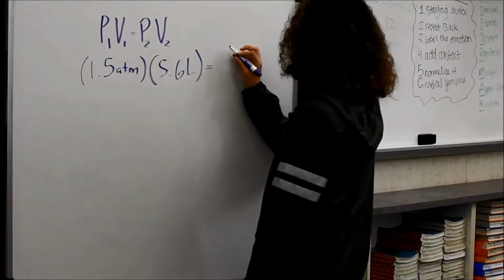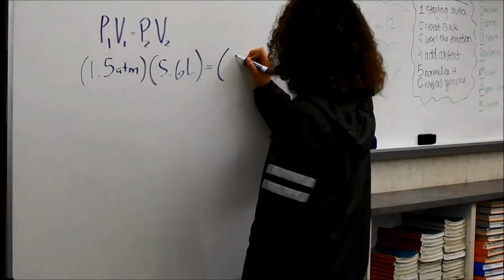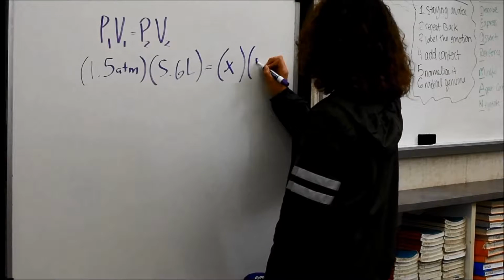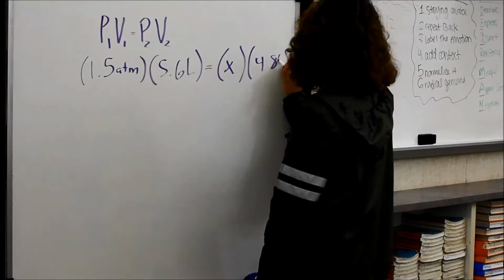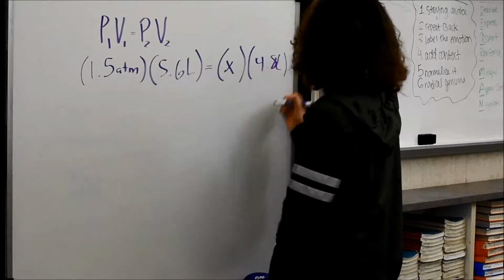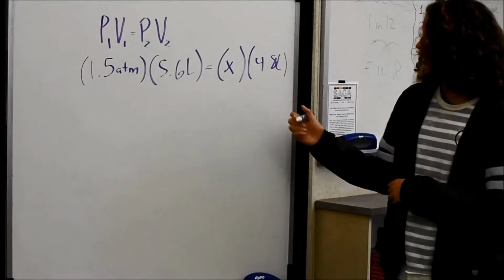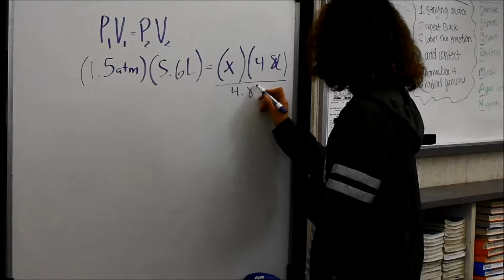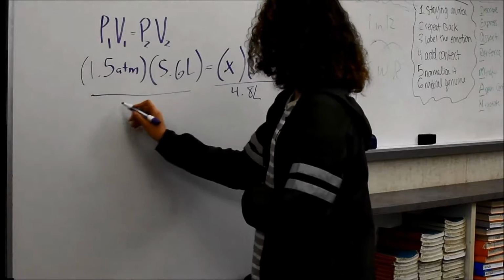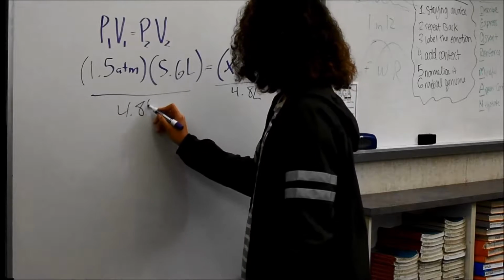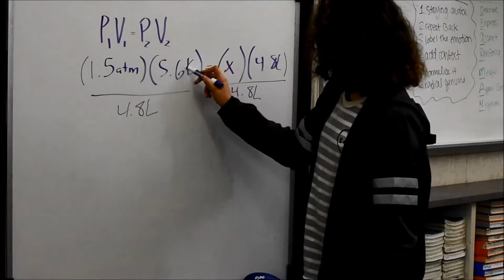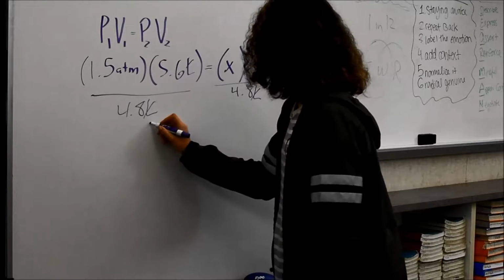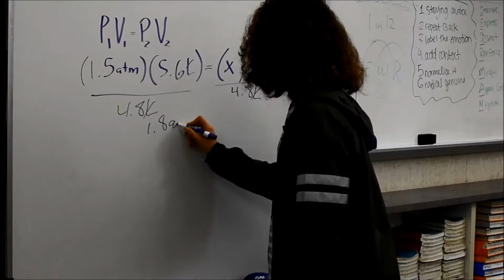So our secondary pressure is unknown, and our secondary volume we know is 4.8 liters. Now we have to solve for x. To do this, you divide by 4.8 liters on both sides. Now you can cancel out the liters, and you would get 1.8 atmospheres for P2.